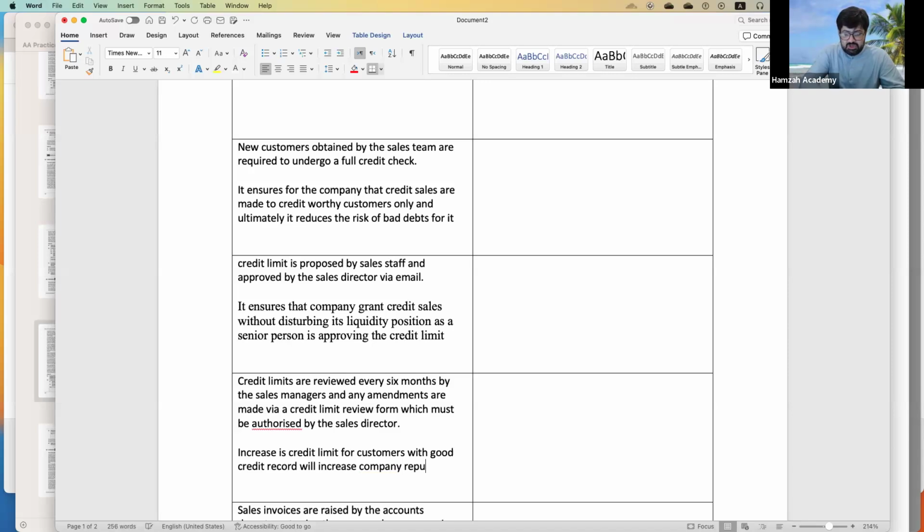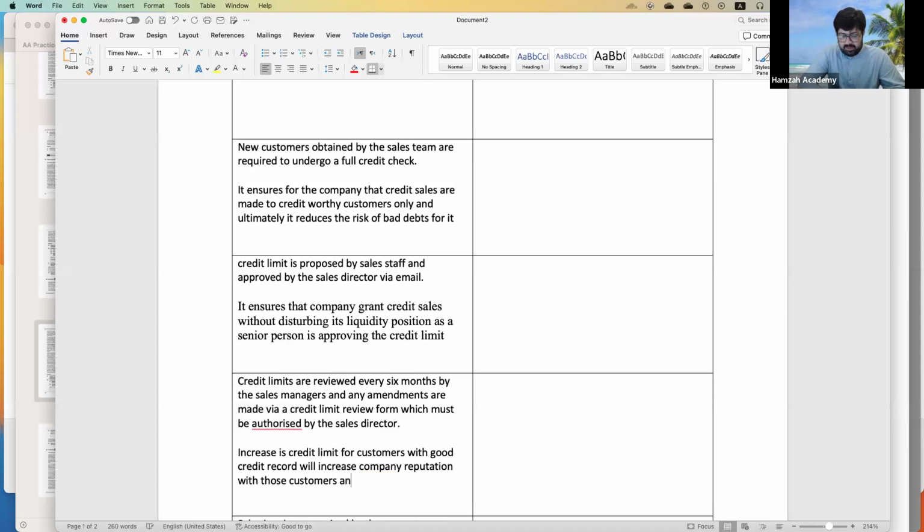Company reputation with those customers, and increase its sales as well.